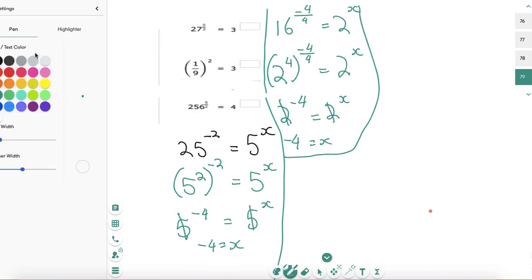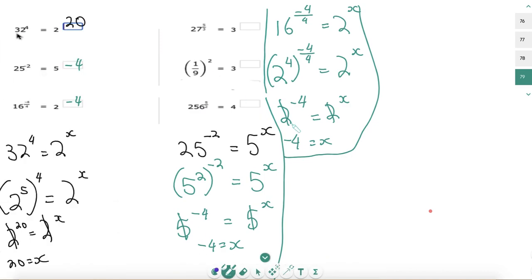Next one. 27 to the power of 5 over 3 is equal to 3 to the power of something. Bases aren't the same, so let's find a common base. What number can be powered to make 27? And what number can be powered to make 3?